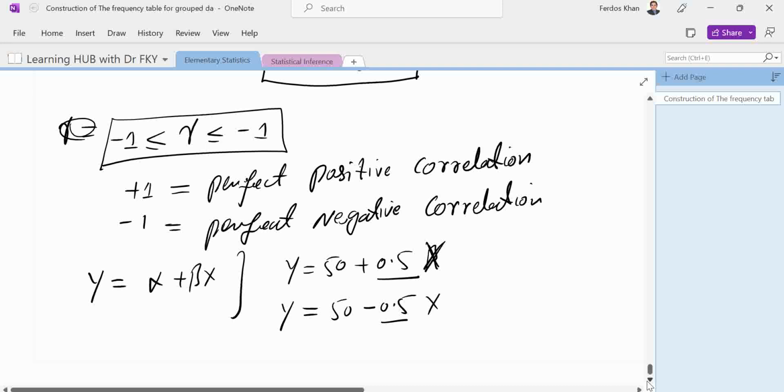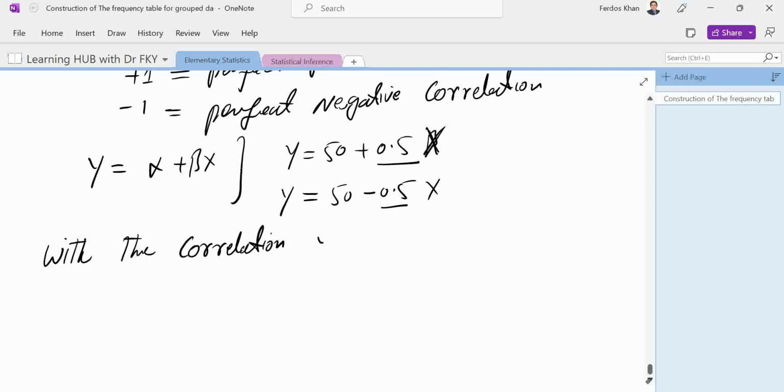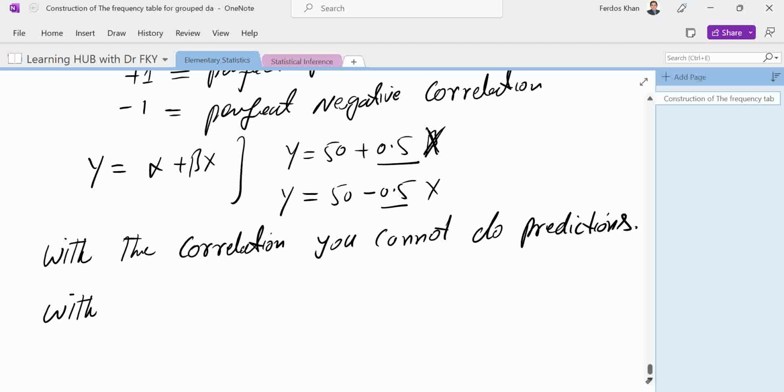With the correlation, you cannot do prediction. With the regression, you can do prediction.